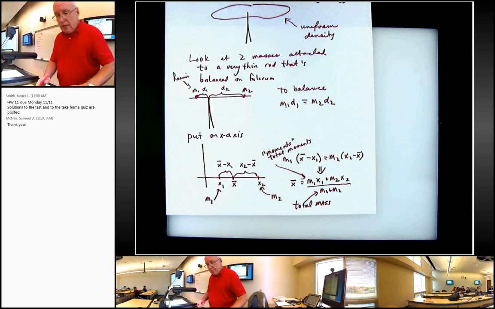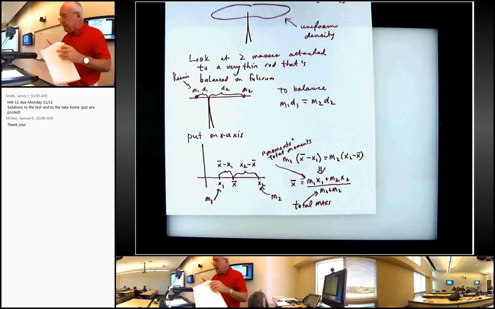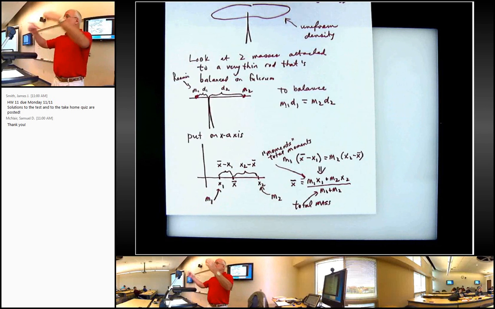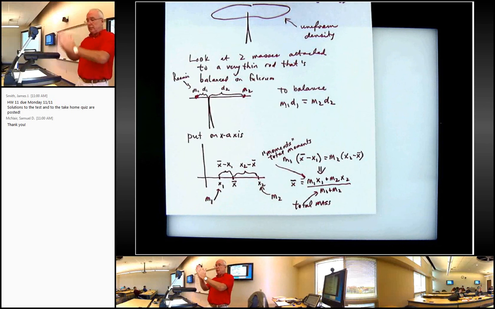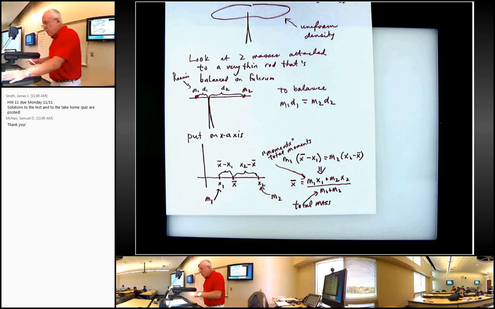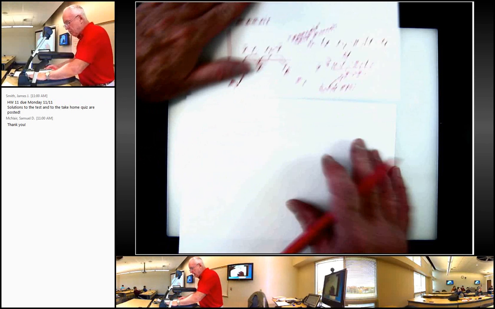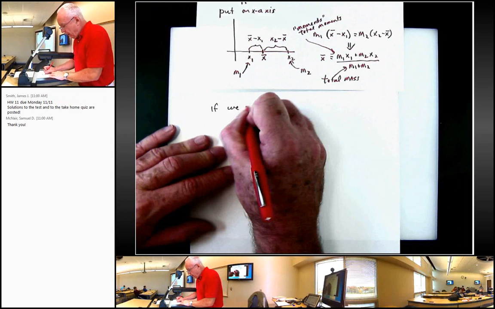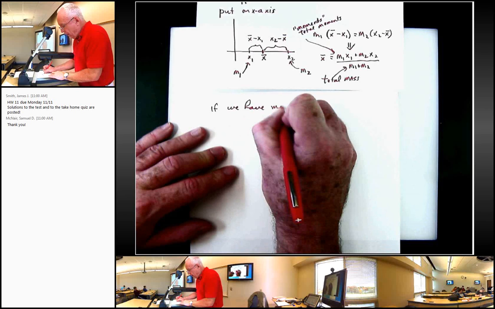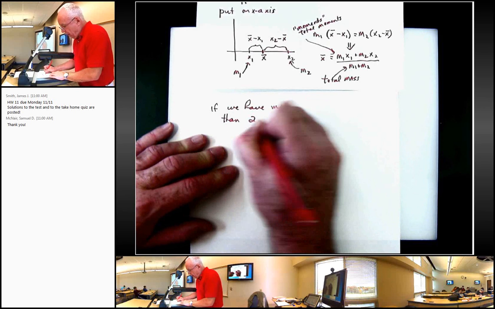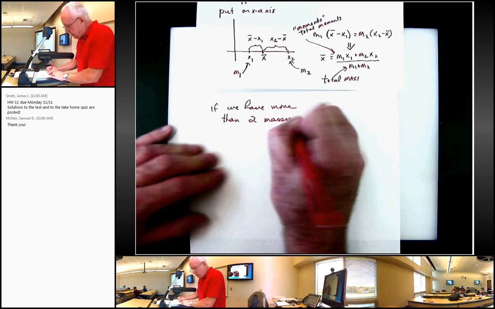All right. Now, let's say we don't just have two masses, but a series of masses. We can also find where its center point is. So basically, if we have more than two masses, we get this formula here.